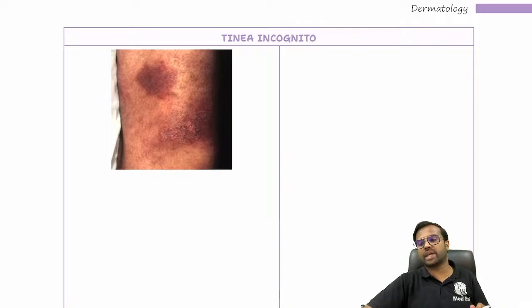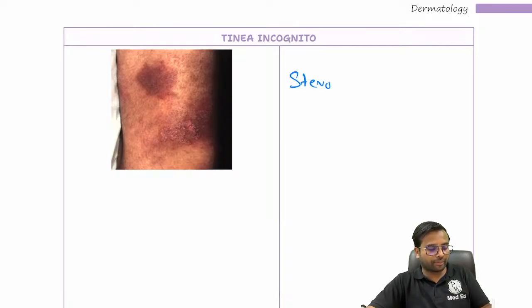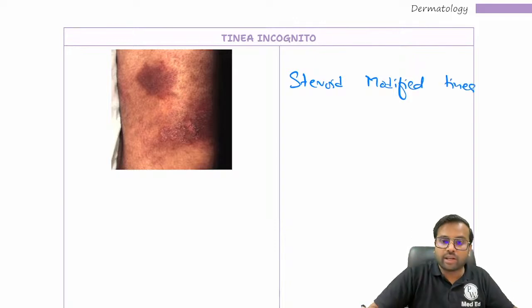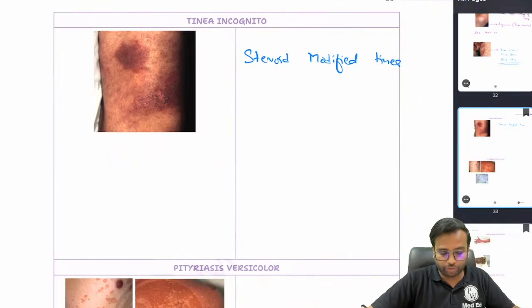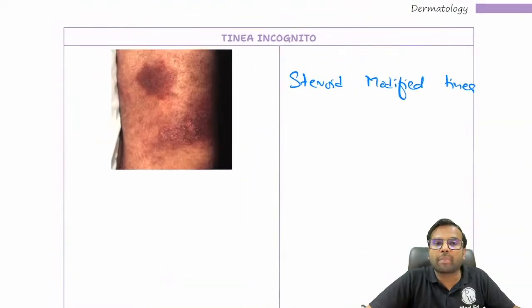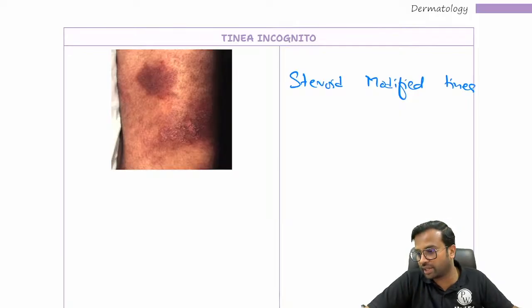So in one of the FMG exams, they asked what is tinea incognito. This is going to be steroid modified tinea, isn't it? What happens here is, in a fungal infection we are supposed to treat using antifungal agents.